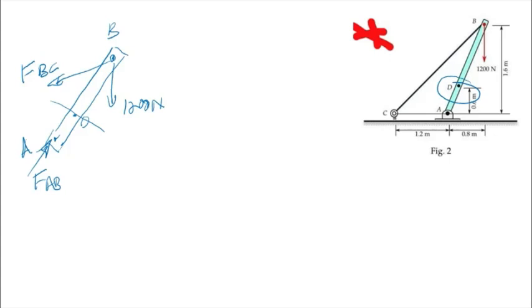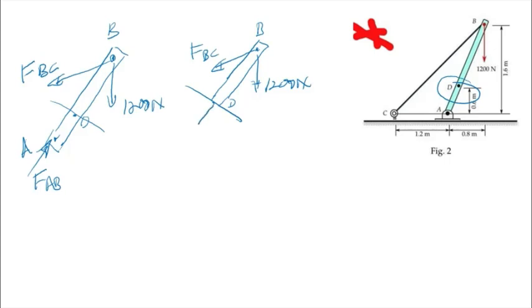If you take it from B, what we then have is that is the section, that is point D. Now that is B, and at B we will have FBC and also 1200 newtons. So at the cross section we have three components.